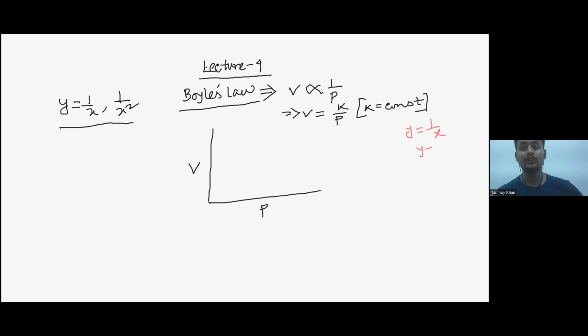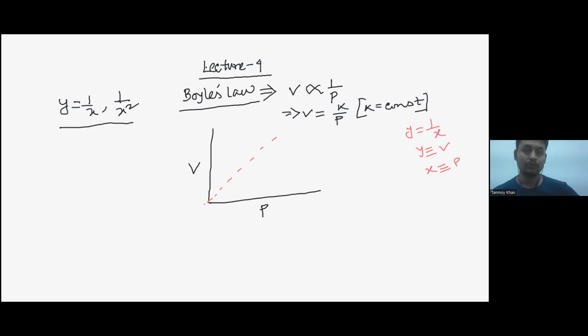Where y is equivalent to V and x is equivalent to P. So this will be my plot. How will it look? We already said, just compare it with y is equal to x. Because they are not asking, you just draw this imaginary line. While practicing for now, you will draw this and then draw it, but otherwise you can think about it in your imagination and then draw it.